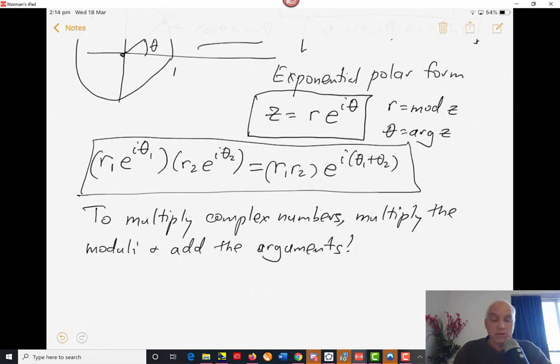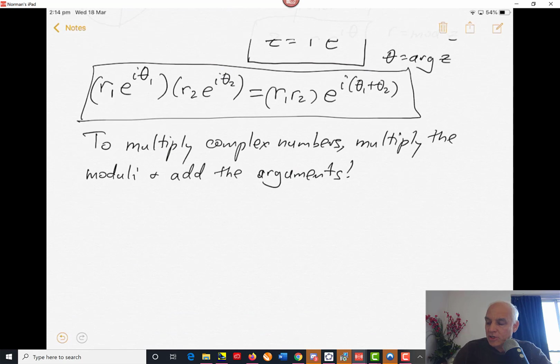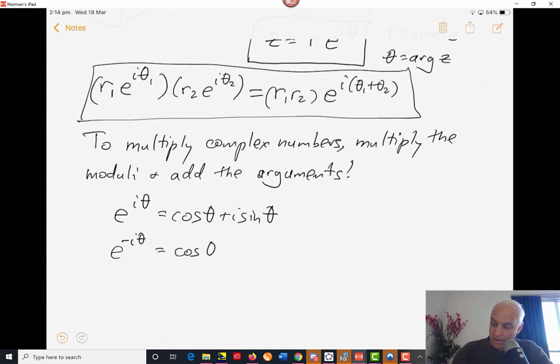The last thing I want to do in this video is to clarify the relationship between the exponential and the cosine and sine. Let's write that fundamental relation as e to the i theta equals cos theta plus i sine theta. And in the spirit of how we started the lecture, let's also look at the complex conjugate of e to the i theta, which is e to the minus i theta. That's going to be cos theta minus i sine theta.